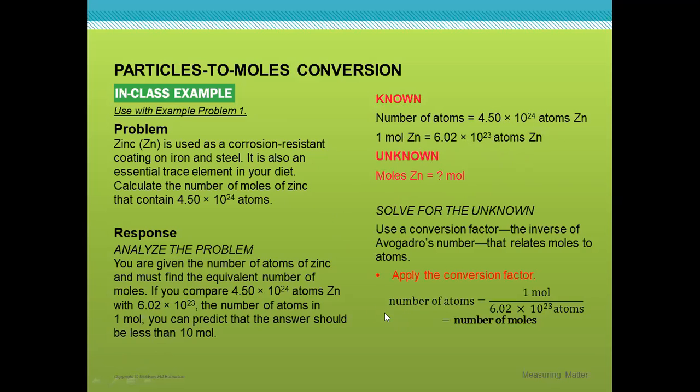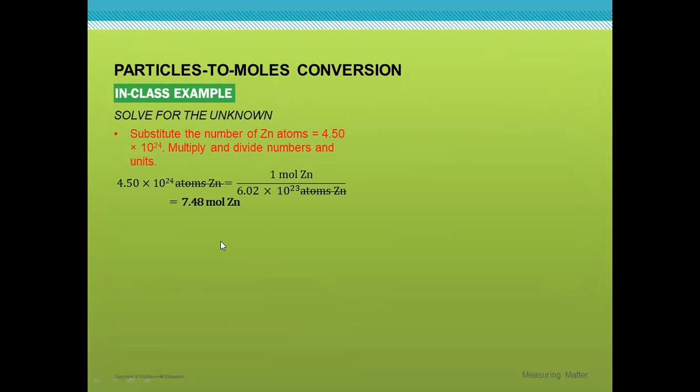Use this equation: number of moles equals number of atoms divided by Avogadro's number, which equals 7.48 mole zinc.